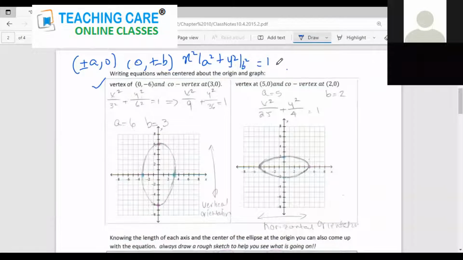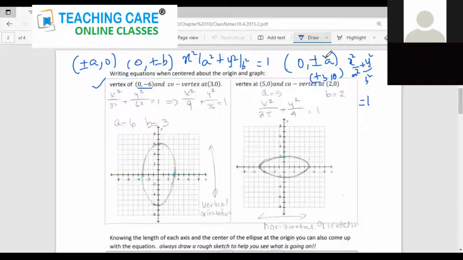Otherwise, you have to check the coordinates again. If the vertices are 0 comma plus or minus a, or the co-vertices are plus or minus b comma 0, then the equation is x squared over b squared plus y squared over a squared equal to 1. Now let's check here. I have the vertex at 0 comma negative 6.